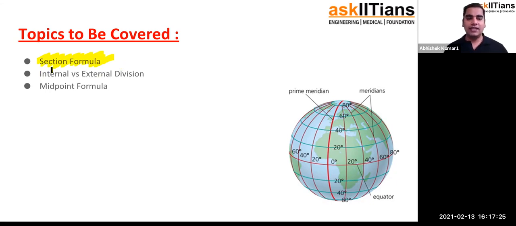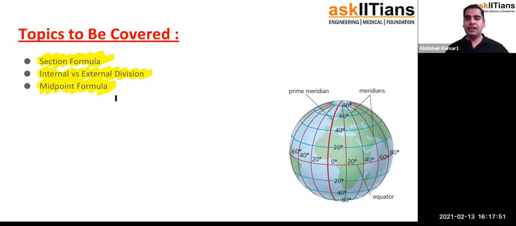The second thing is a sub part of the section formula: internal versus external division. That means when you are talking about the section formula, you have two sub cases. One case is internal division. The second case is external division. We will discuss both. And the third thing, which is again derived from the section formula, is the midpoint formula.